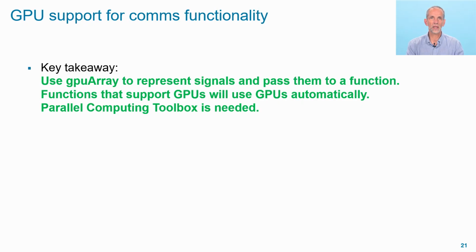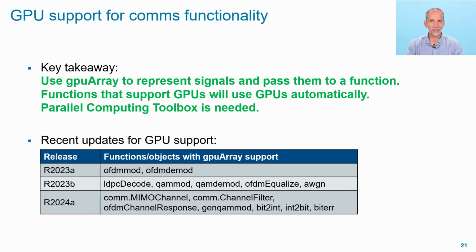That is the beauty. And here is a table that lists the functions in Communications Toolbox that can support GPUs. Not going to read them all off, but you can see as of 24A, a fair number of these capabilities are available for GPU support. And in fact, they can be used to simulate a whole system, an end-to-end link.